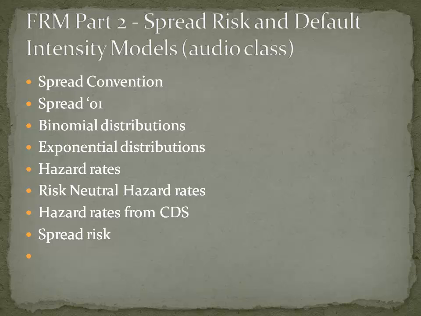The connection to our discussion is that a firm does or does not default during a particular time period, and we define that the firm will default with probability p, and 1 minus p is the probability that they are not going to default. Then the mean and variance of the Bernoulli distribution are p and p times 1 minus p.